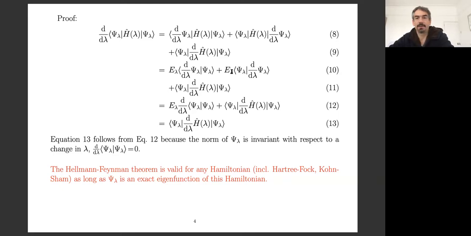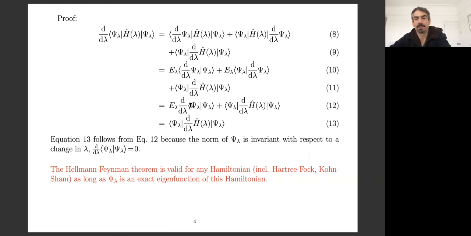Now, if you look at the first two, you can see that this can be written as the derivative of the norm of that wave function. Again, chain rule. So if you apply the chain rule to this, you get that.